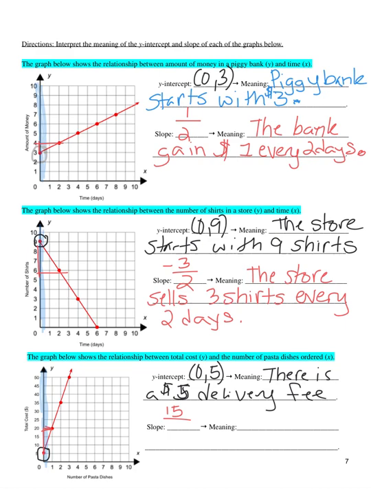And down here you can see that these are going up by 1, so it is a 1 there. So we'll put the 1 right here. So the slope is 15 over 1, and what does that mean? That means each dish costs $15. Each dish costs $15.